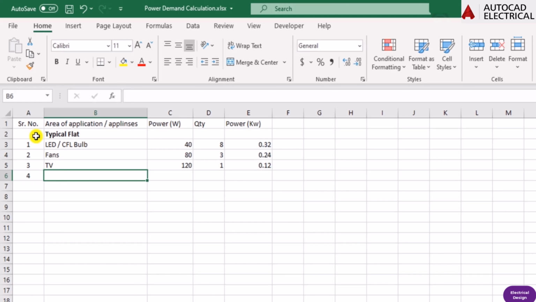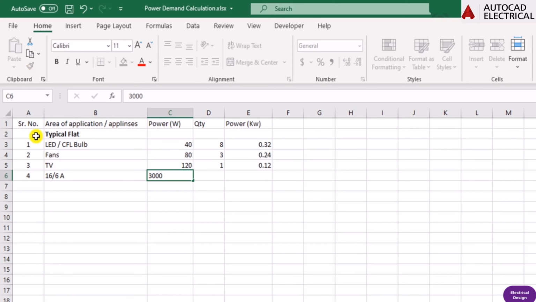For any supply, for example 6 by 16 ampere connection we require, the power generated by the 6 by 16 ampere is around 3000 watts. Quantity 1 number, so it will be around 3 kilowatt.